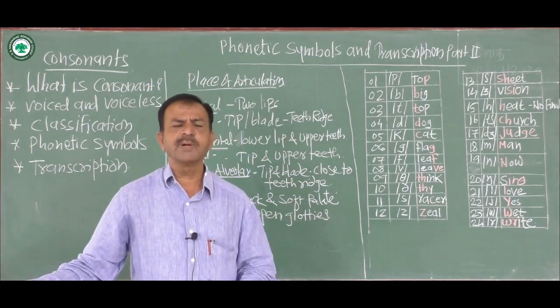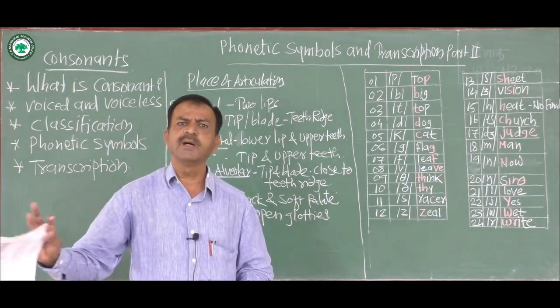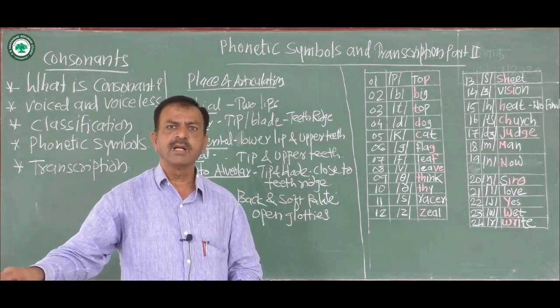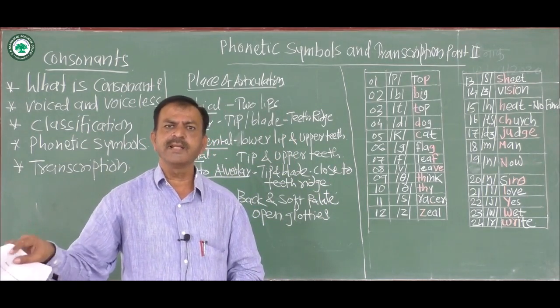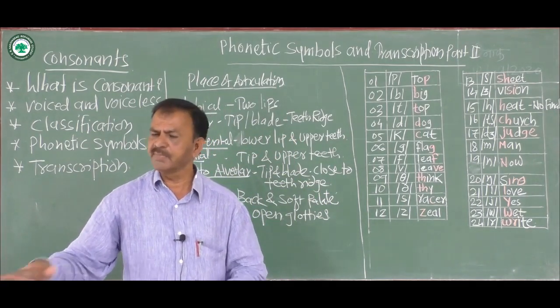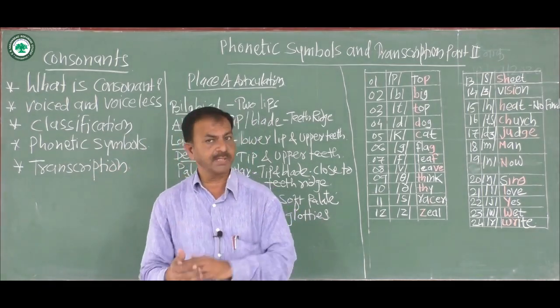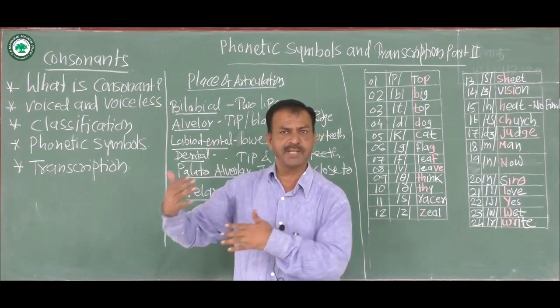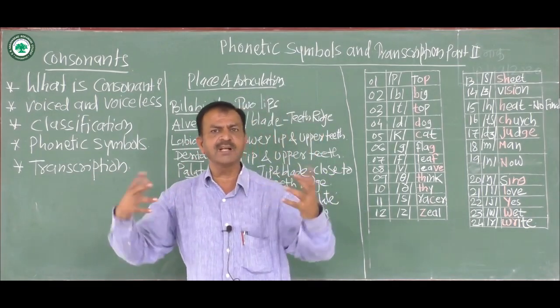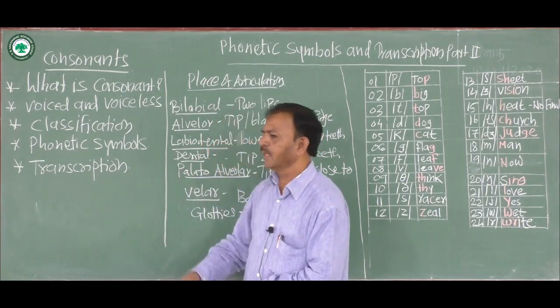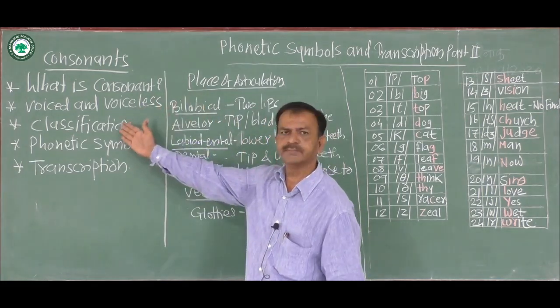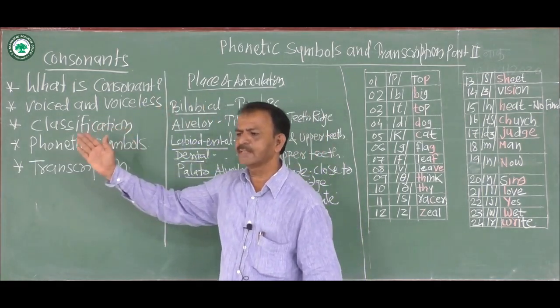These are some of the interesting features of these consonants. As I said earlier, the consonants can be studied under different heads: place of articulation, manner of articulation. Now the second way we differentiate the consonants is according to voiced and voiceless sounds.